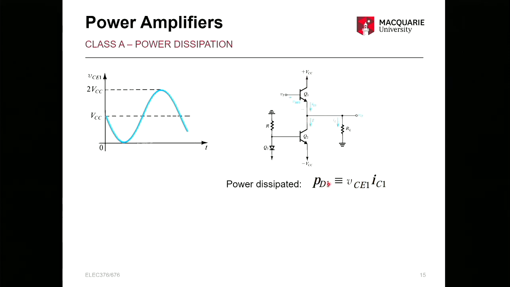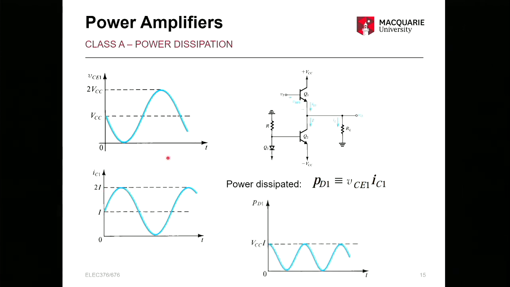Just multiplying them together gives you the power. The current can vary from I up to 2I down to 0, but notice the offset between these two graphs. So when you work out the actual power, you get this graph, and we see that the maximum is VCC times I.